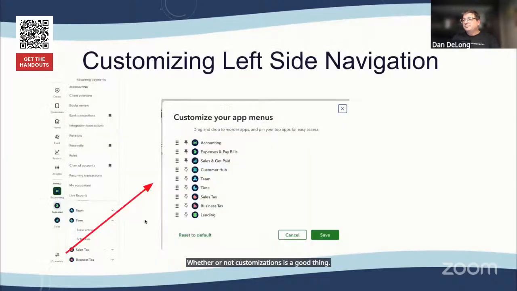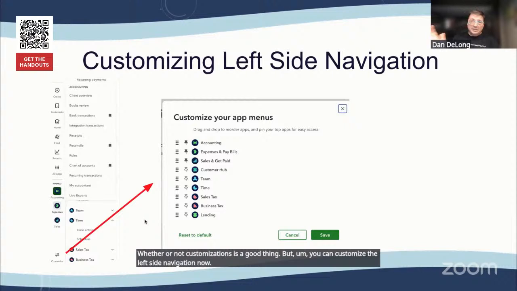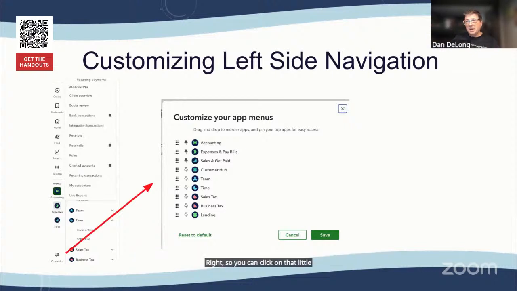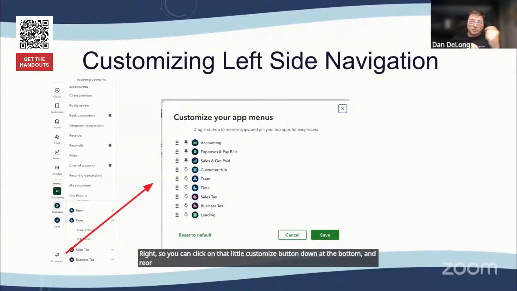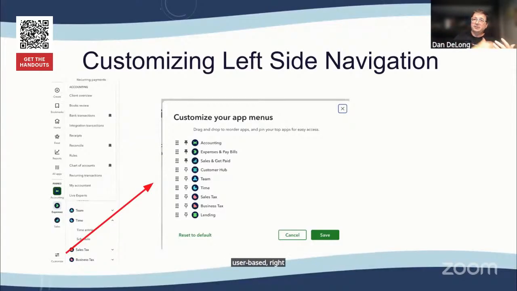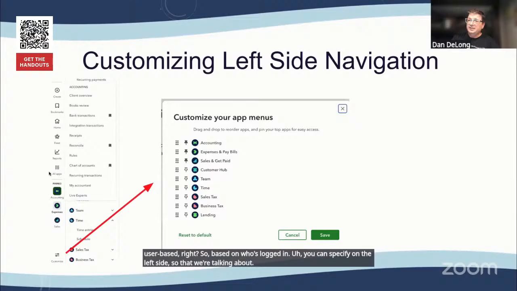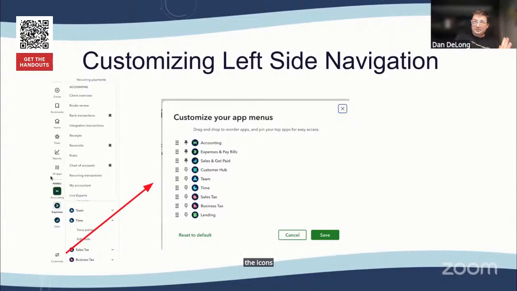But you can customize the left side navigation now, right? So you can click on that little customize button down at the bottom and reorganize or pin. And this is all user-based, right? So based on who's logged in, you can specify on the left side, we're talking about the icons here all the way on the left, how do you want those to appear, right?